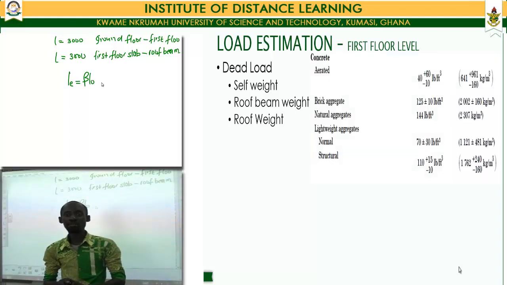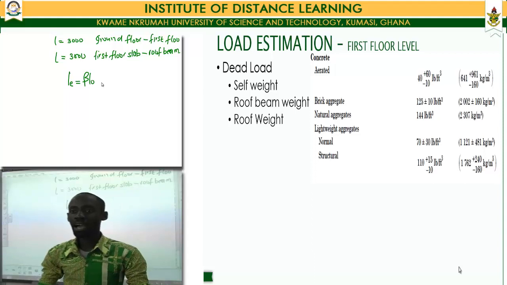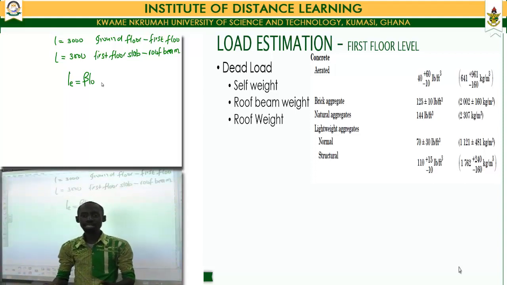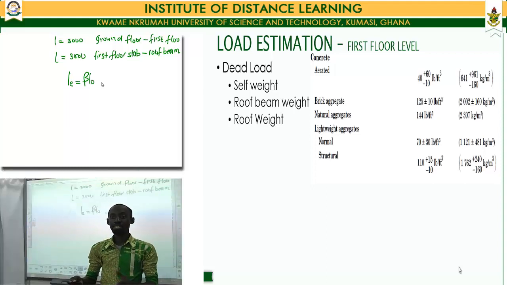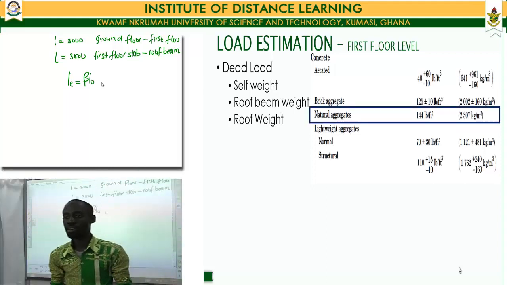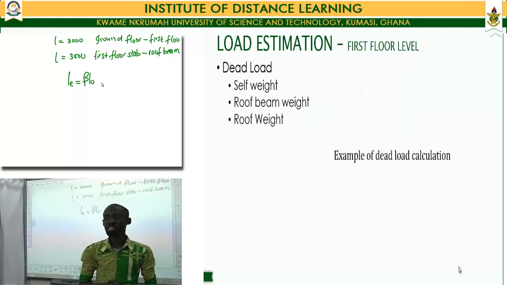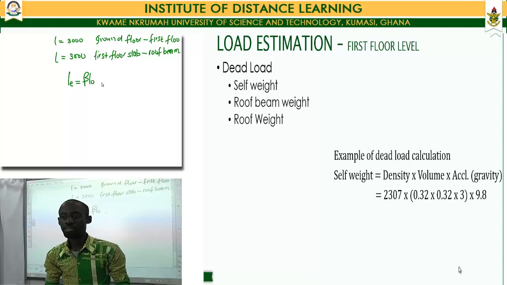Now, in determining the self-weight of our column, we'll go by the methods that we employed during our slab design and our beam design, where we'll pick the density for our concrete made out of natural aggregate with a value of 2307 kilograms per meter cubed. Then whatever value that we pick, we multiply it by the volume and the acceleration due to gravity.